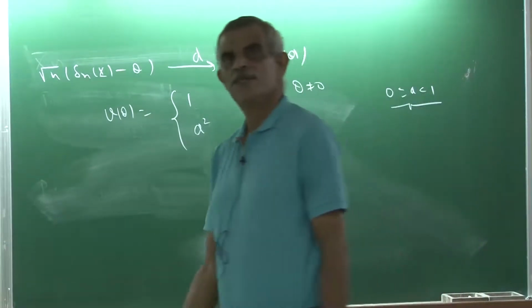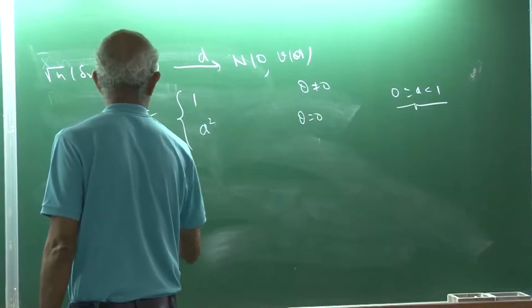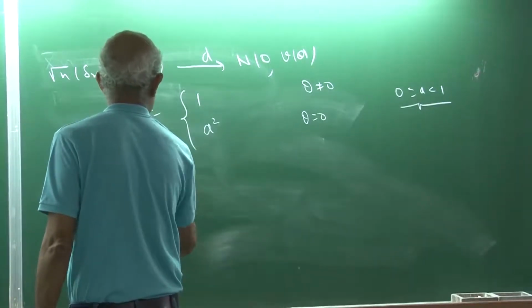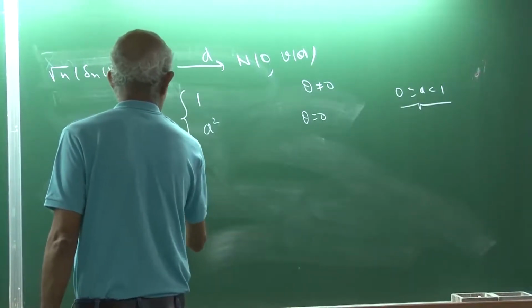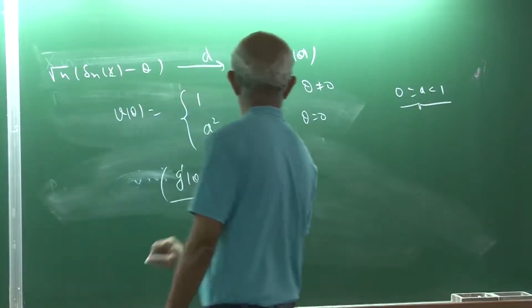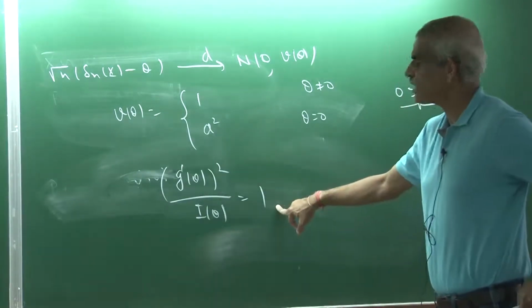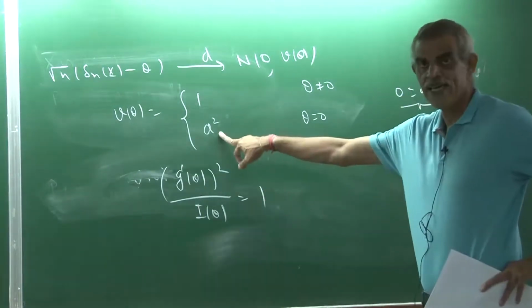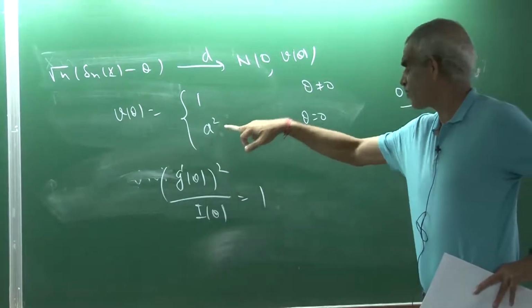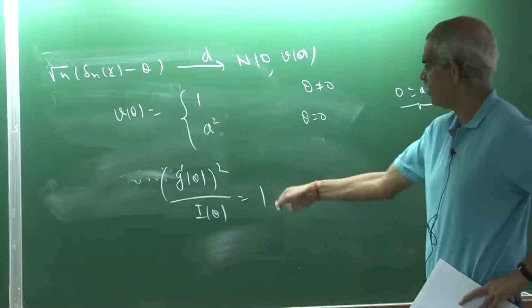So what is happening? You know that v theta is this, and what is g prime theta whole square by I theta? This is 1. So v theta is not exactly equal to 1 because I can choose a suitably so that a square is bigger than 1 or less than 1. The way I have chosen a is between 0 and 1, so a square is less than 1.